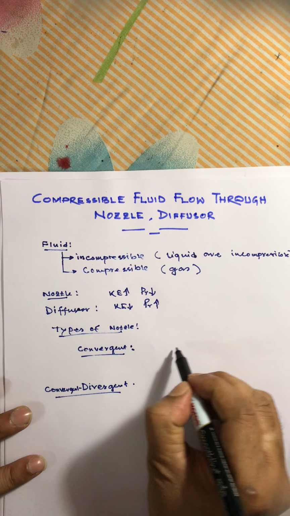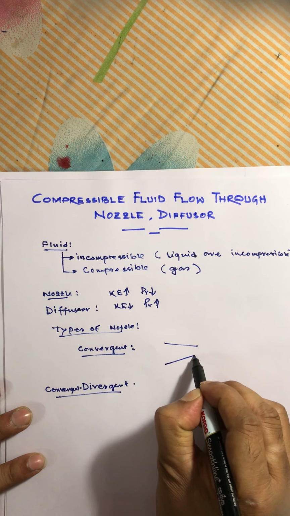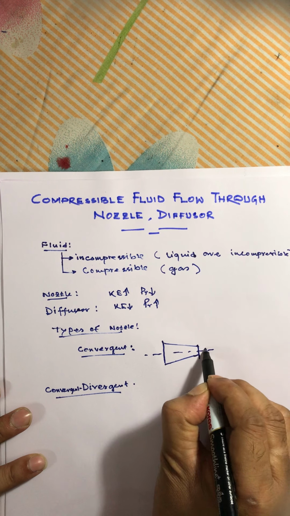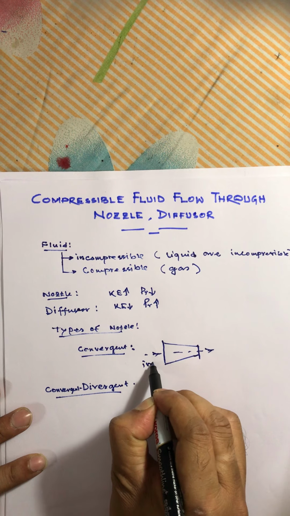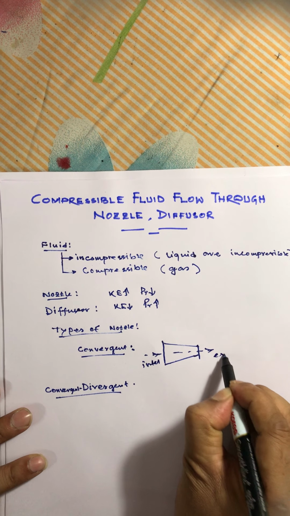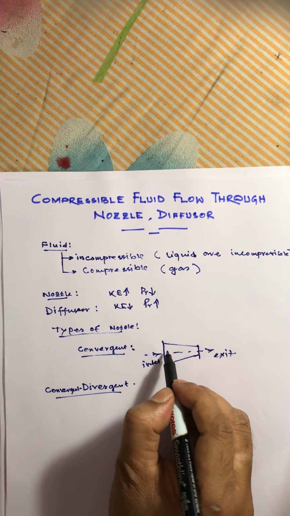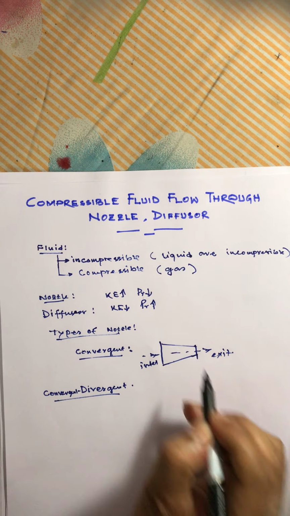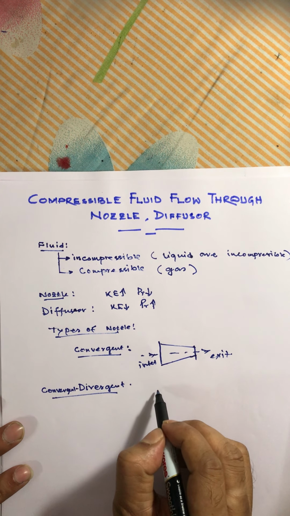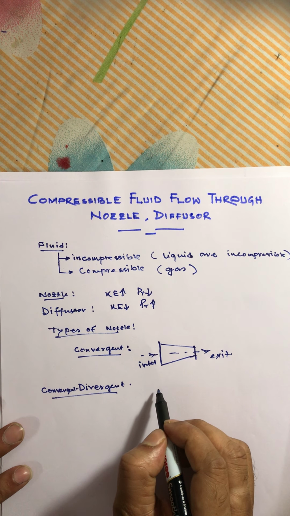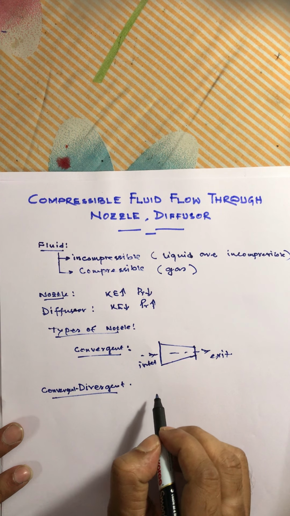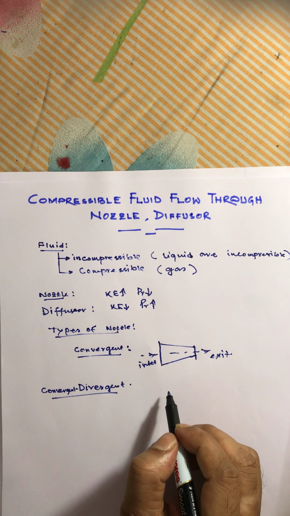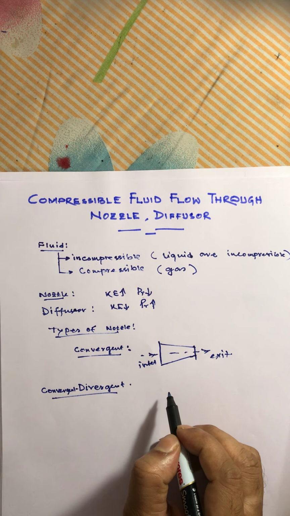If I draw the convergent nozzle, it will be like that. If this is inlet, this is exit. So, its cross section area gradually decreases towards the exit and is minimum at the outlet. And in convergent-divergent nozzle, the diameter of the nozzle at first decreases and becomes minimum at throat, and after that it gradually increases up to the exit.